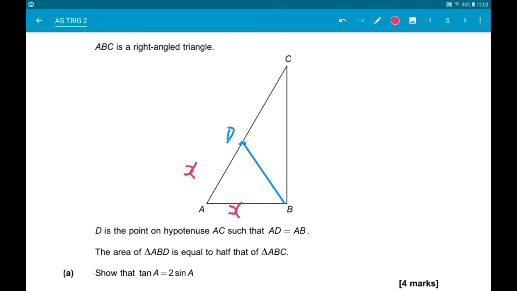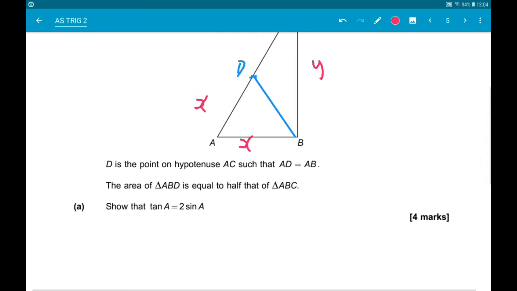So, we're also going to need side BC. Let's call that Y. Okay, now from that we can say that tan A is Y over X. Okay, now remember that.